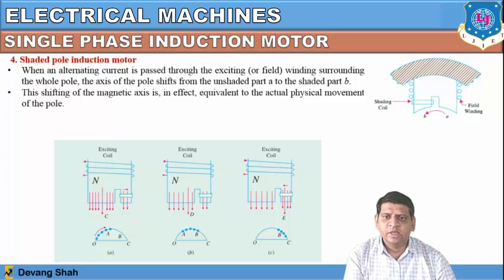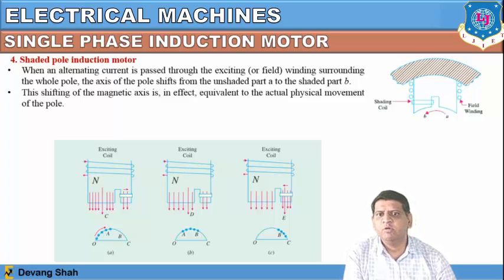So throughout this operation there is a variation of the flux. There is a high value of flux, then later the flux shifts towards the shaded part. This is the main objective of the shaded pole induction motor: because this flux is alternating, it provides the initial torque to the rotor.